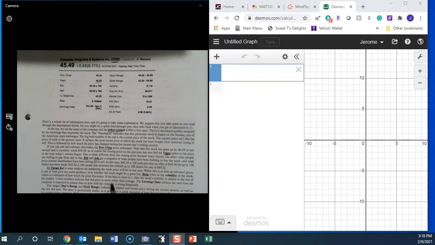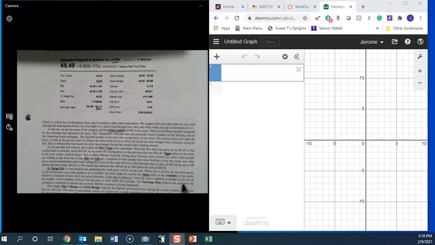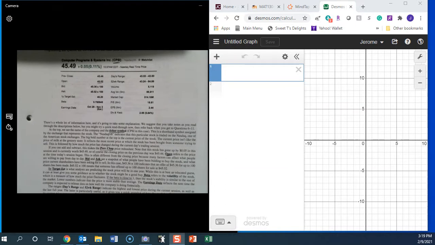One key thing about the beta: if the beta is close to 1, then the stock's stability is similar to the rest of the market. Lower numbers indicate that the price is more stable than average. Then you have the earnings date, which basically reflects the next time the company is expected to release data on how well the company is doing financially.